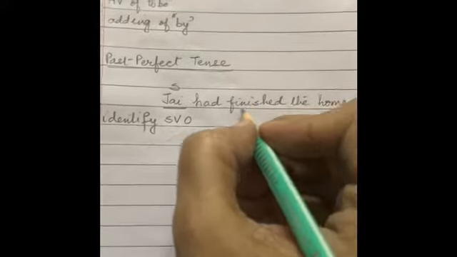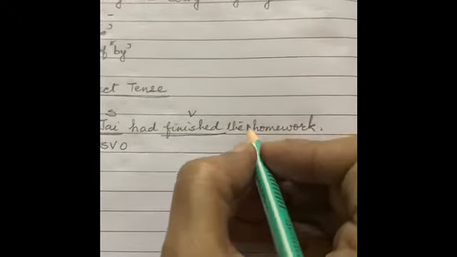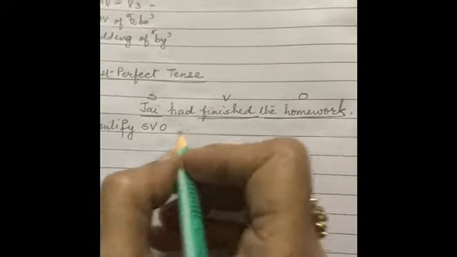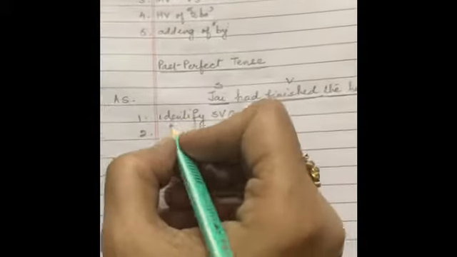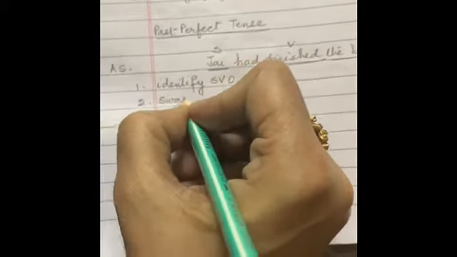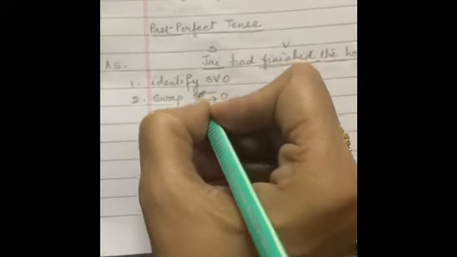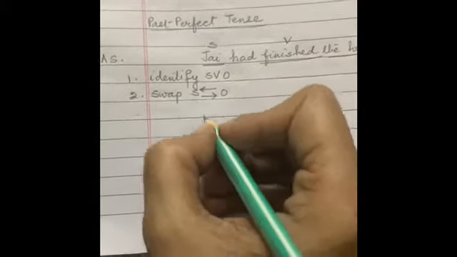the verb is finished and the object is the homework. Now the next step is to swap the position of the subject and the object. Clear? So here it will be the homework.